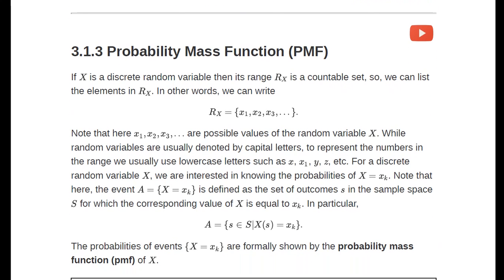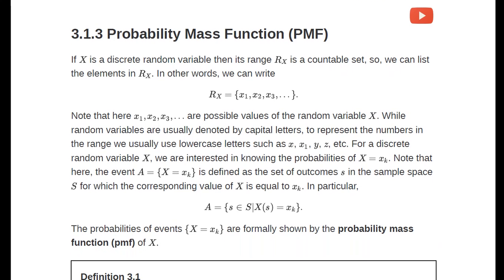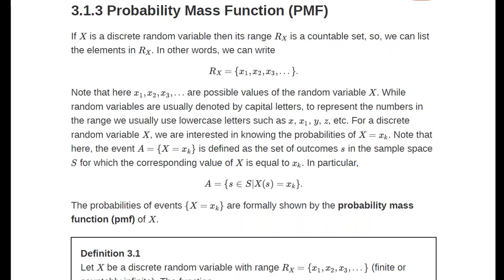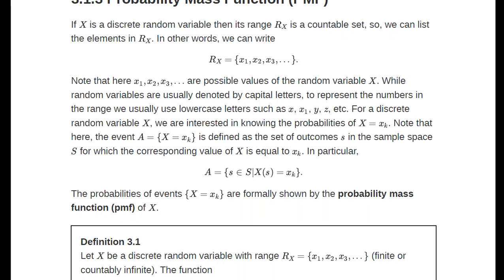Probability mass function, PMF. If X is a discrete random variable, then its range Rx is a countable set, so we can list the elements in Rx. In other words, we can write Rx equal x1, x2, x3 and so on.